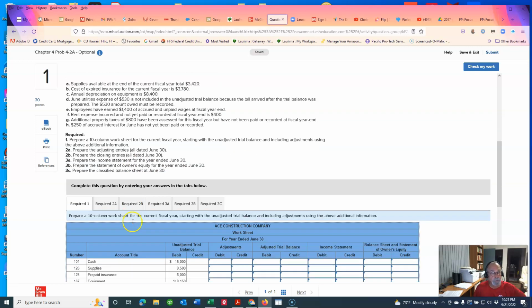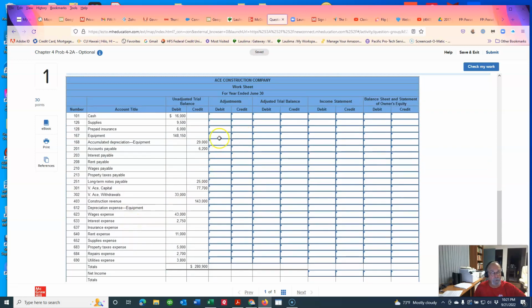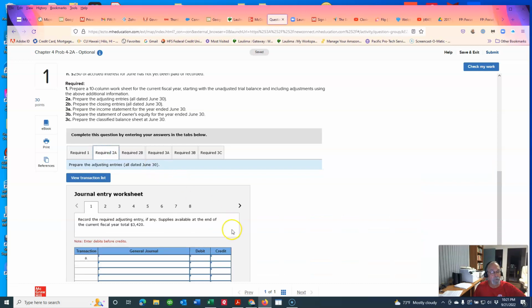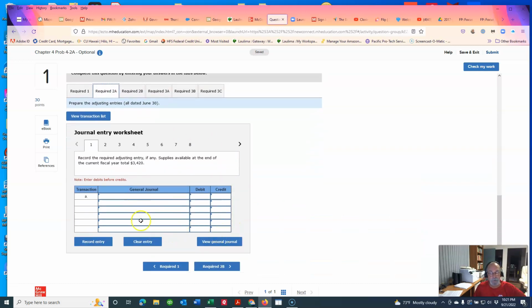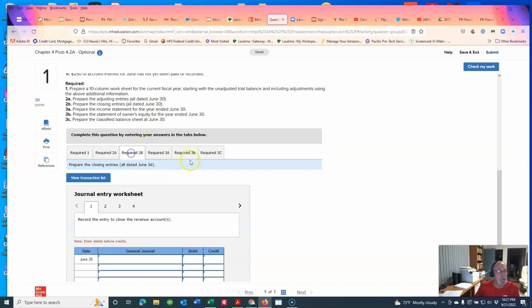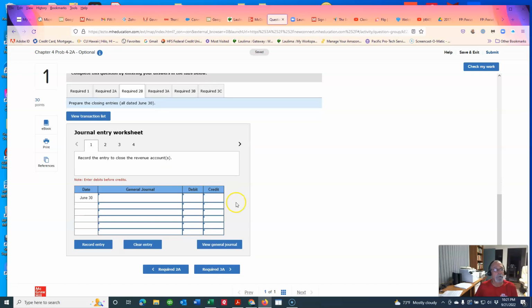So in addition to showing the adjustments in the adjustments column on the worksheet, in requirement 2A we'll also have to journalize in the general journal each of these adjustments. Requirement 2B, prepare the closing entries, all dated June 30th. And similarly, as for adjustments, also for closing entries, we'll have to journalize each of the closing entries in our general journal.